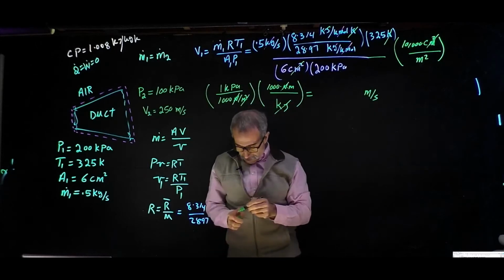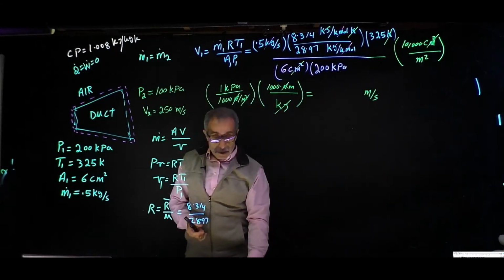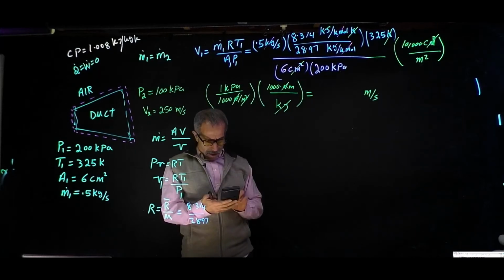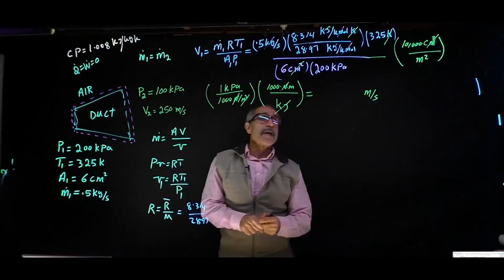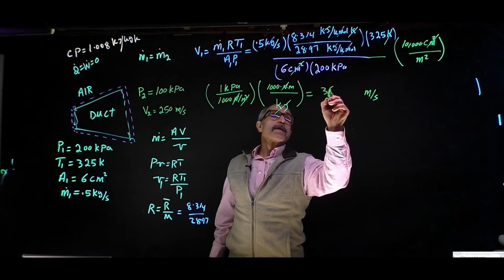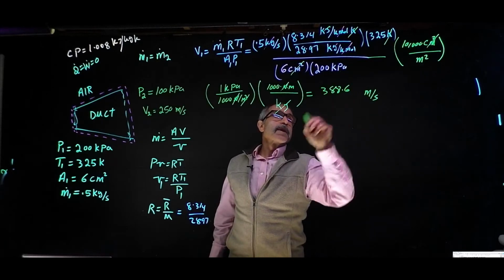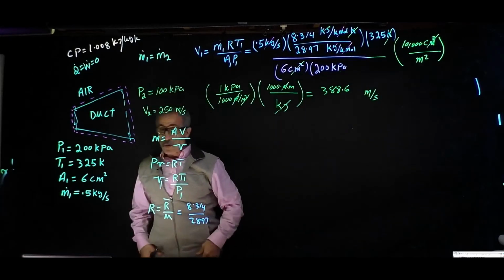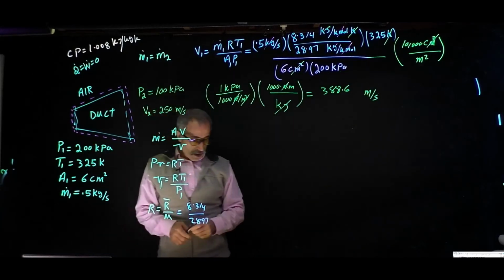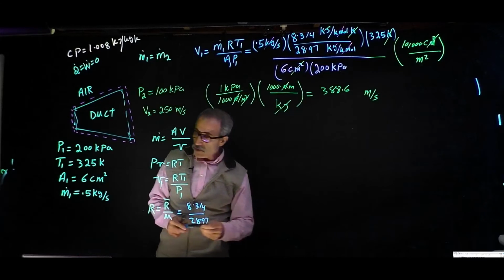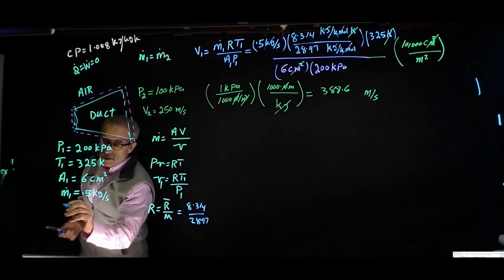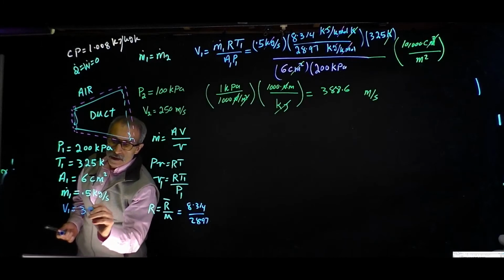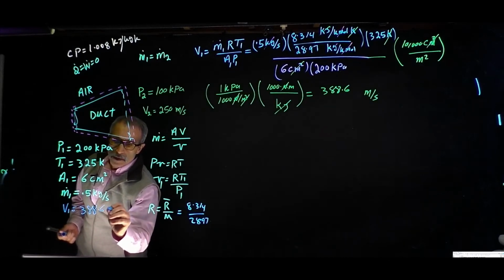And whatever this number is going to come out to, let's calculate that. 388.6 meter per second. So that was the answer to question number 1, which wanted to know what the velocity was here. So we found out V1 came out to 388.6 meter per second.